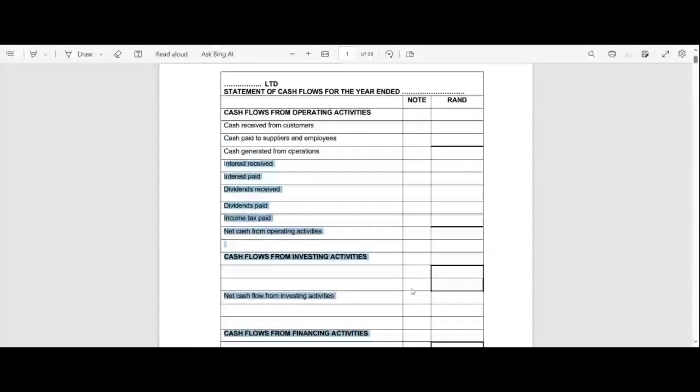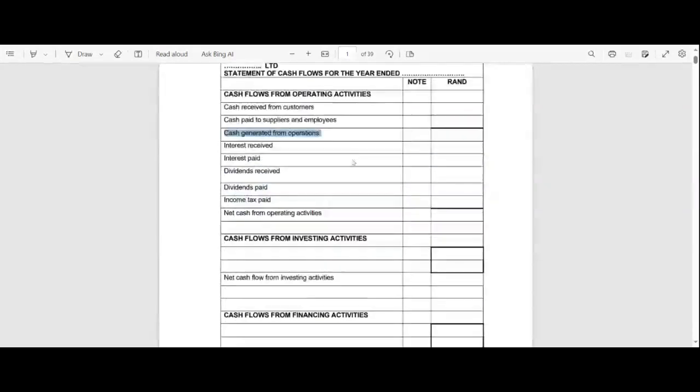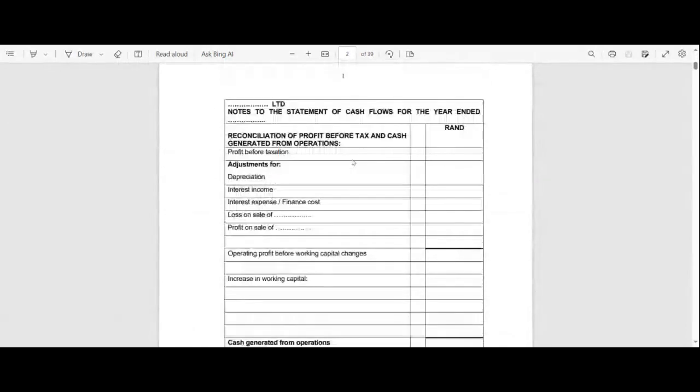The rest of the statement is exactly identical, irrespective of whether you use the direct method or the indirect method. The only difference is how you calculate and how you disclose that one, the cash generated from operations.